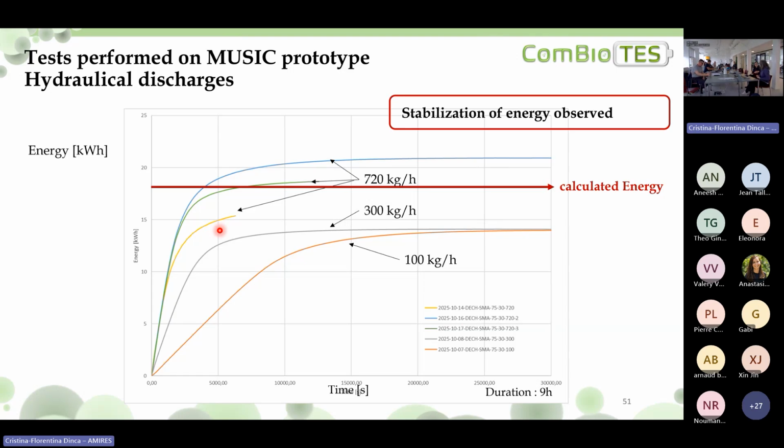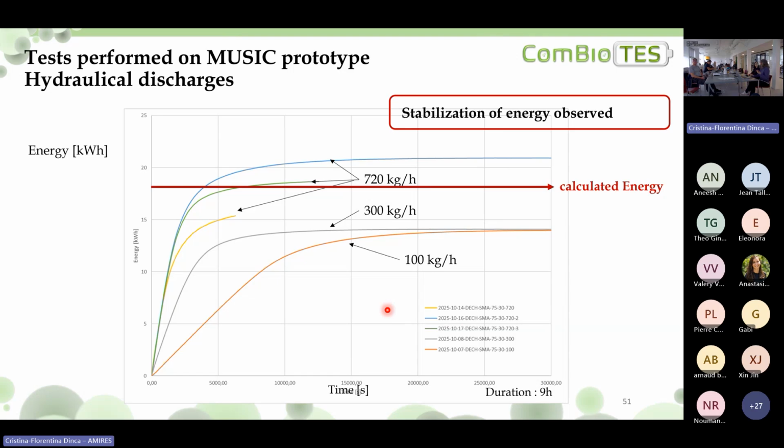This is probably due to the fact that when we do charges and then discharges, we do cycles, and we probably never achieved a real isothermal temperature in the storage at the end of the charge. We never waited long enough to be sure to be exactly at 75 degrees as supposed.